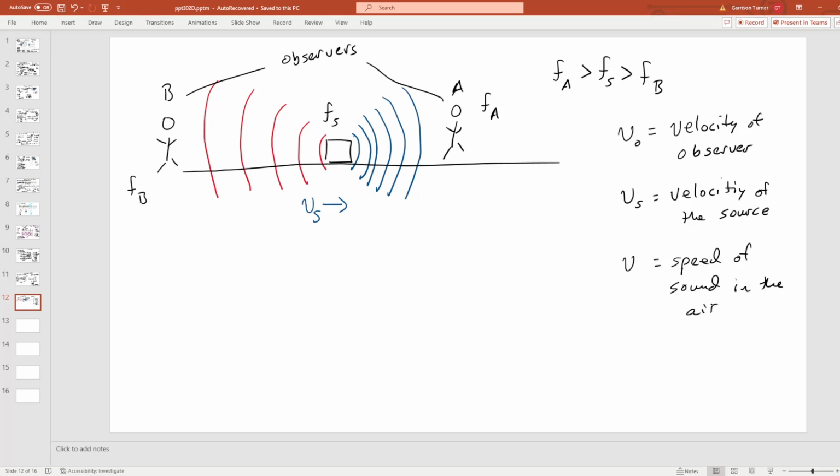So let's just look at the velocity of the observer relative to the source.